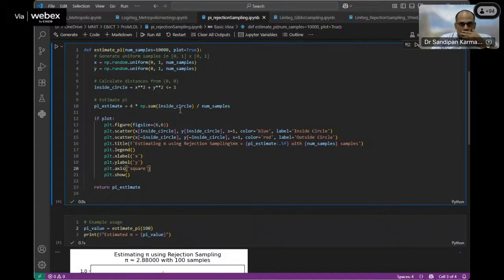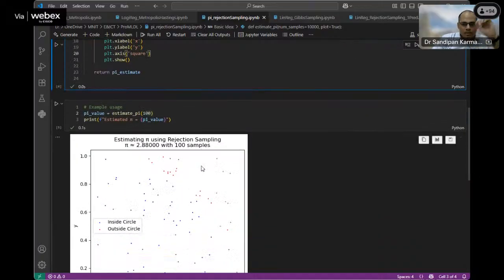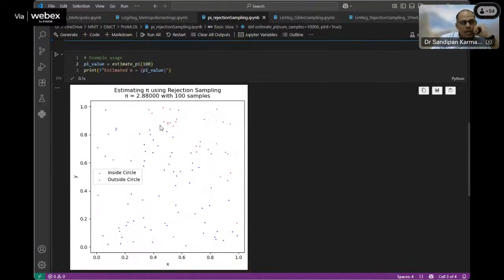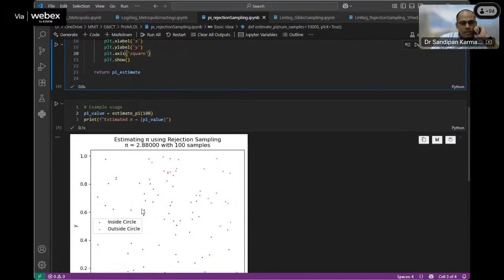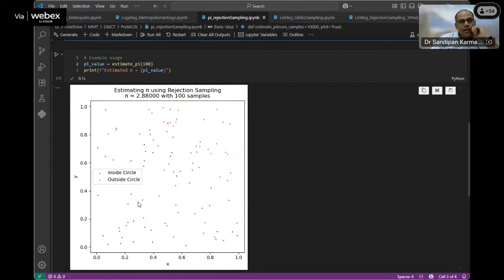Okay, whatever, it has not changed. Here the blue points are inside the circle, and the red points are outside the circle.